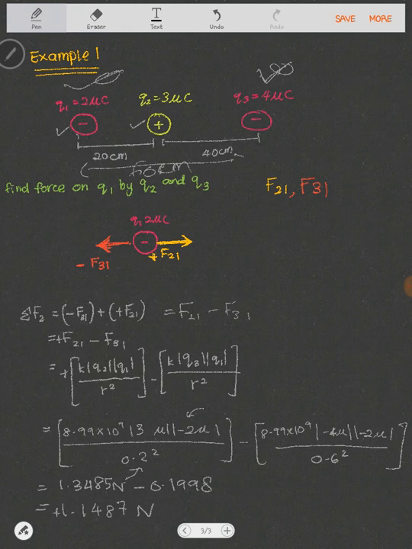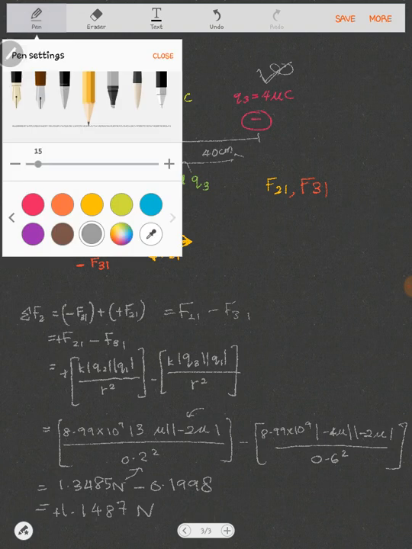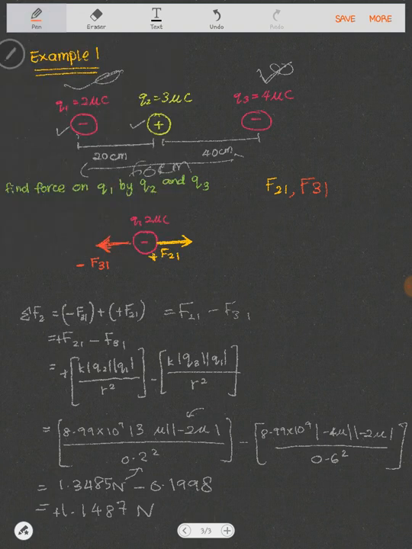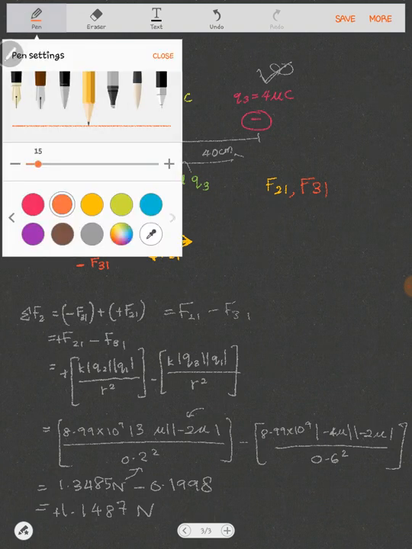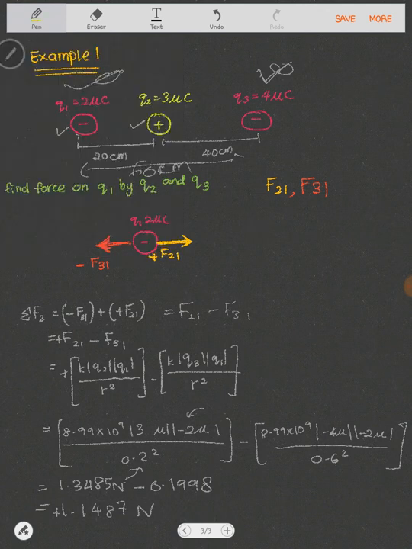So bila positif, maksudnya kesudahan force dia akan pergi ke arah positive way. So this is the net F. What is this? Find force on Q1. F1. Tengok cari F pada charge 1 tu.